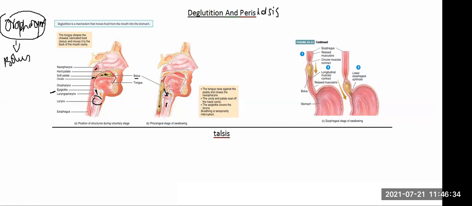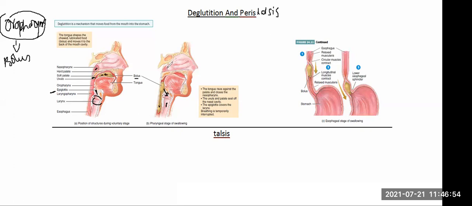Here it has covered the windpipe, so the windpipe is also closed now. The food coming down into your esophagus has no chance of moving into the windpipe, the trachea. So this is how food is prevented from entering the nasopharynx and your windpipe.